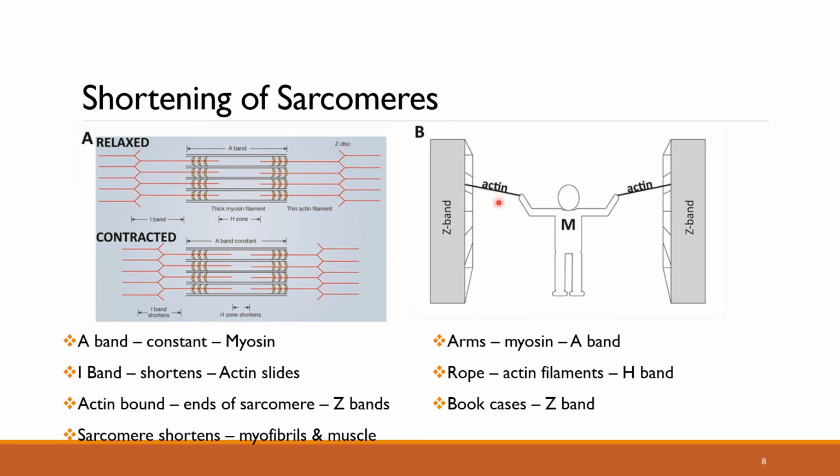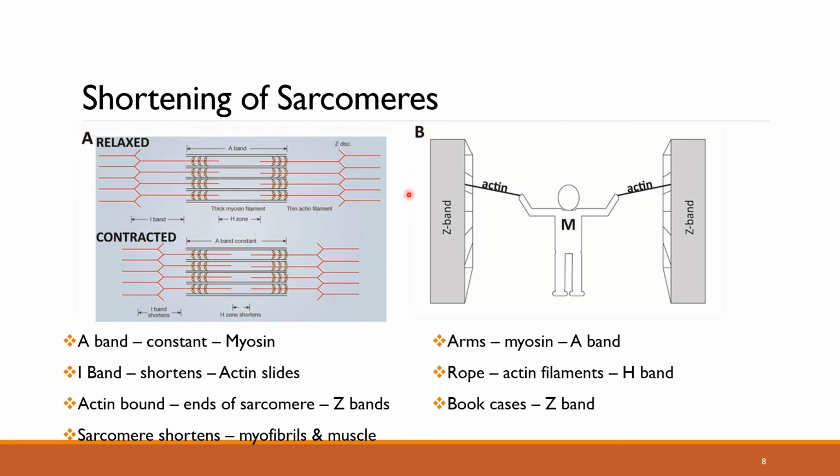So when this happens, only the length of the rope shortens, that is your I band shortens, and the bookcases come closer to each other, that is the Z bands come closer to each other.